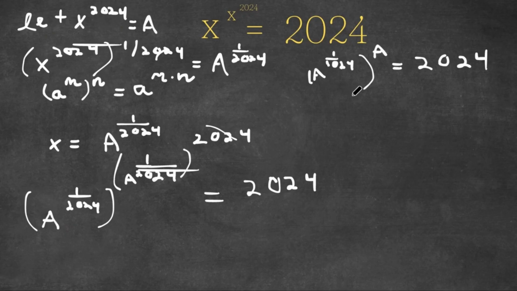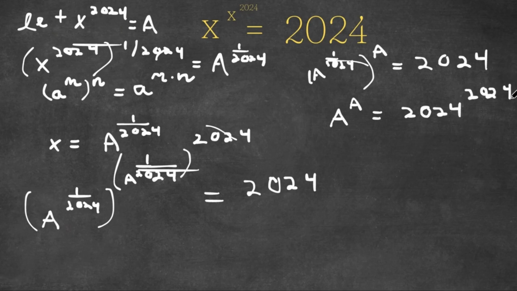Now, if I take the power of 2024 on both sides, then this would make these two cancel out, and I would simply get a to the power of a is equal to 2024 to the power of 2024.